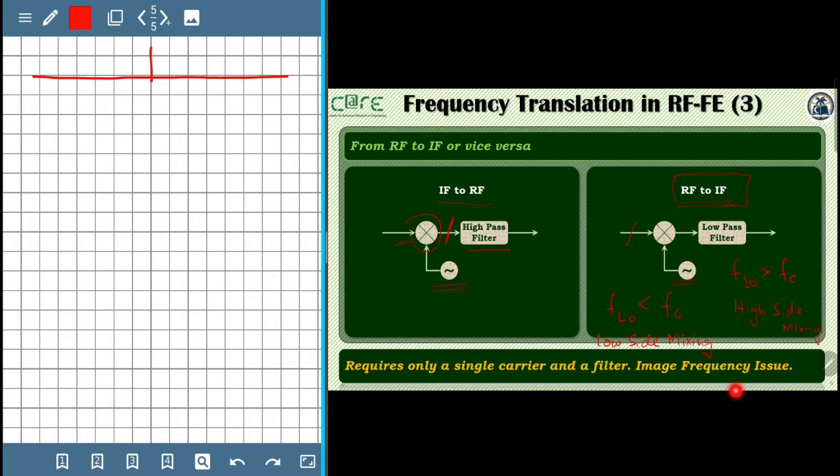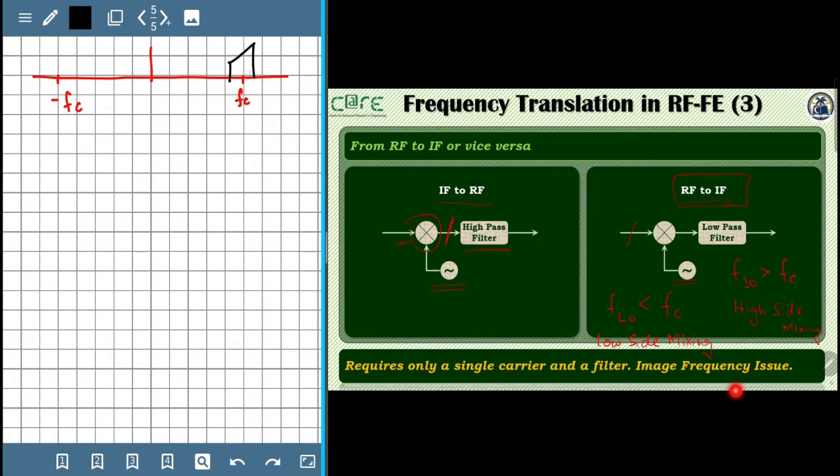Let's say we have this as F_C, and correspondingly this is minus F_C, and the signal spectrum is as earlier drawn in the black color.